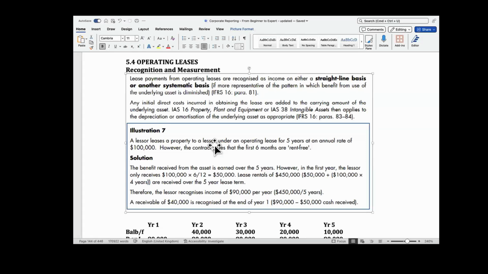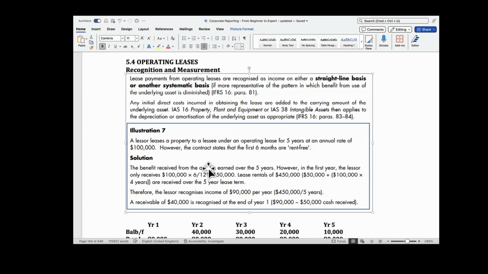And we cannot go ahead and recognize just 50,000 to P&L in the first year and recognize 100,000 in subsequent years. That will be against the principle that says that you must recognize lease income on a straight line basis over the lease time.